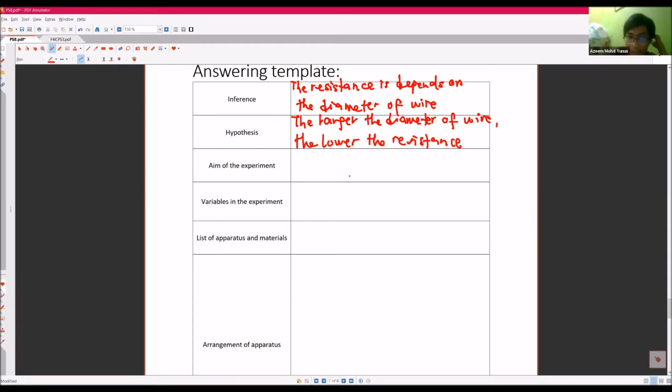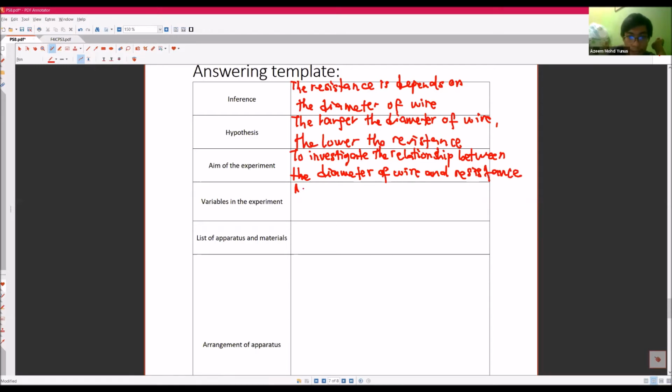Okay, let's answer the aim. To investigate the relationship between the diameter of wire and resistance.